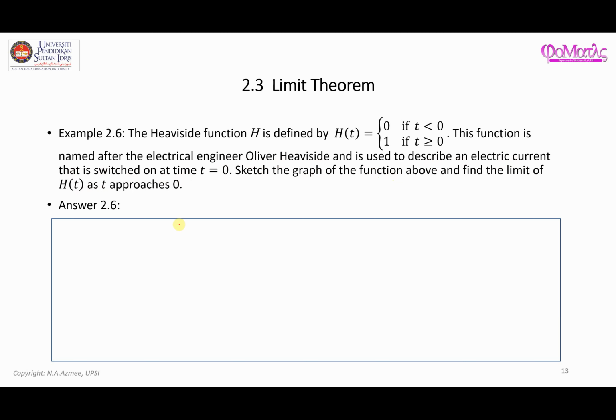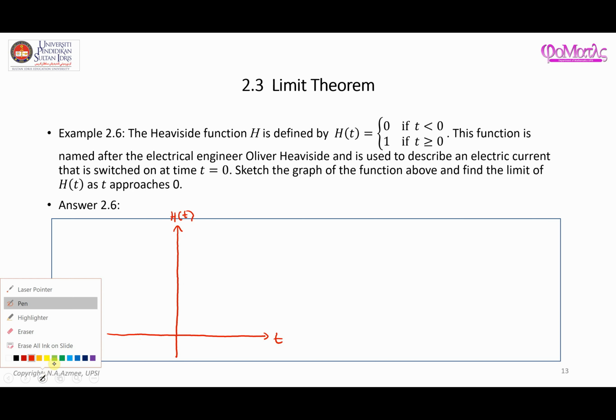So let's start off by sketching the vertical axis and the horizontal axis. Next, if t is less than 0, the value of this function is equal to 0.